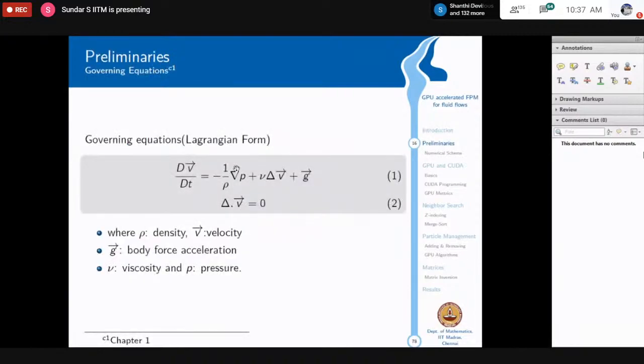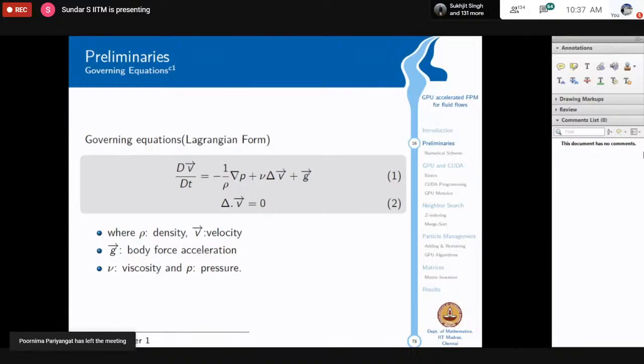So, what is the governing equation? All these problems, the manhole problem, thin film problem and sloshing problem, and there are some more problems which I am going to show later. But in all these problems, what is the base governing equation? Basically the template equation is the incompressible Navier-Stokes equation in a Lagrangian form, because I am using a mesh tree method.